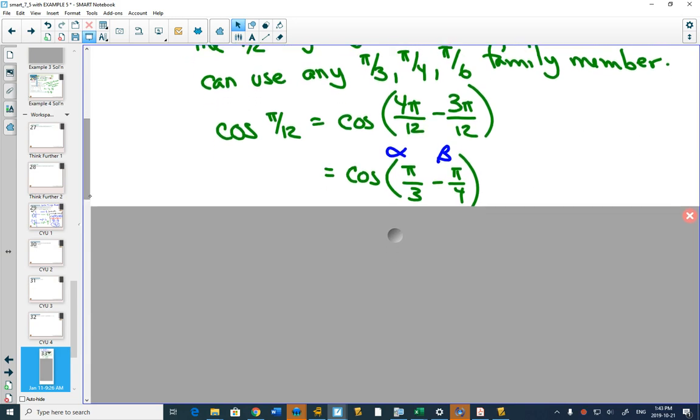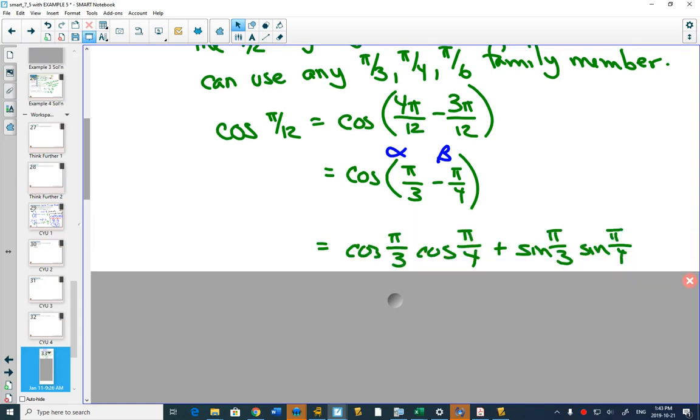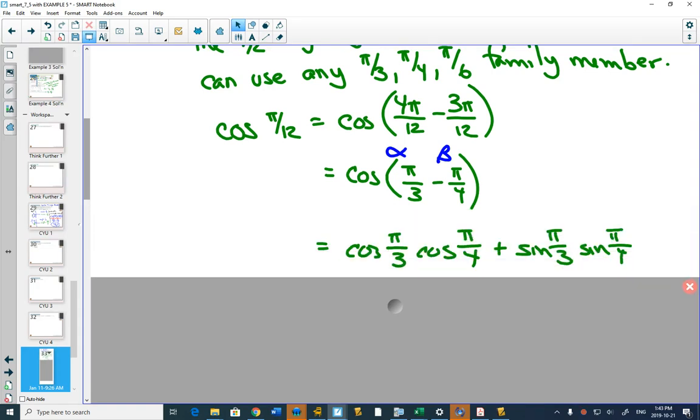What do we know? Well, we could write it out: cos alpha cos beta plus sine alpha sine beta. That's our cos alpha minus beta formula. And all of these values are on our original pi plate.